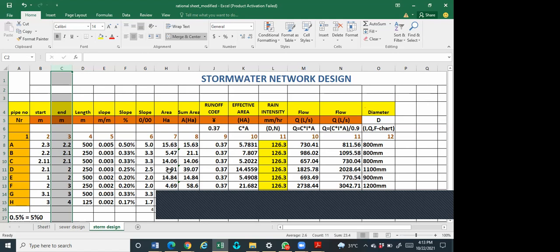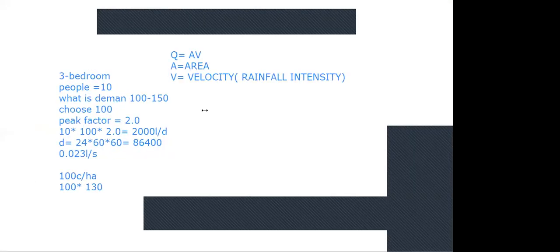Where things now change is that in the sewer, we aggregated the flow, but in the storm, we aggregate the area. We add up the area. Why are we adding up the area? Because we said that the storm is CIA. The formula for storm is CIA.